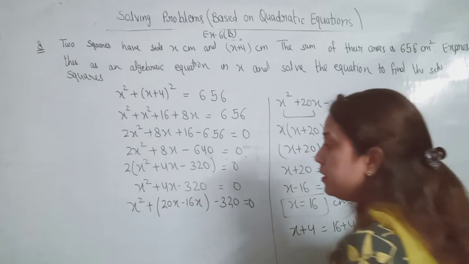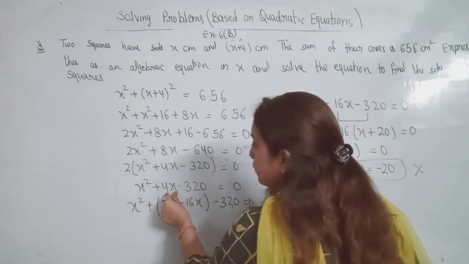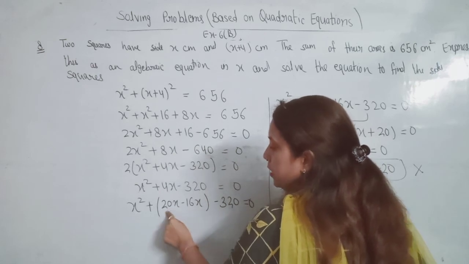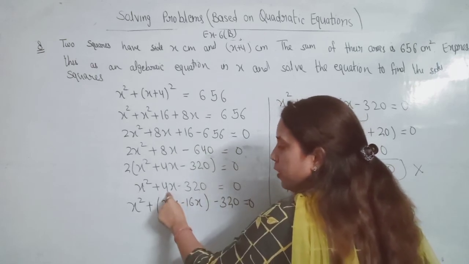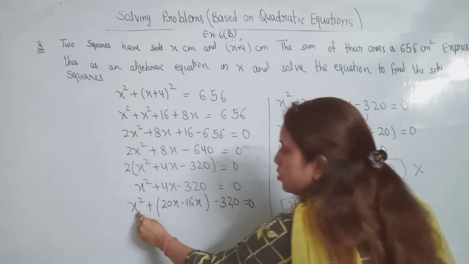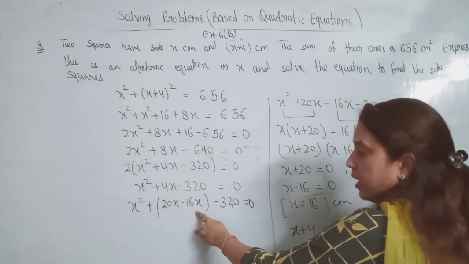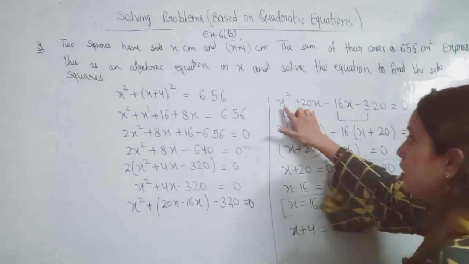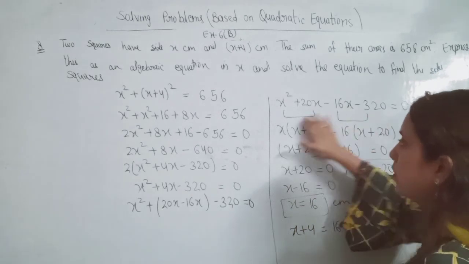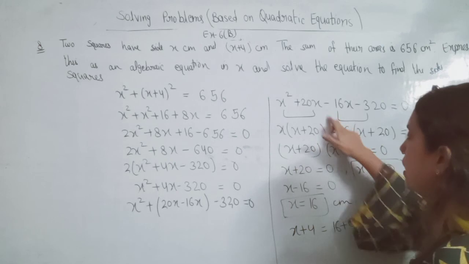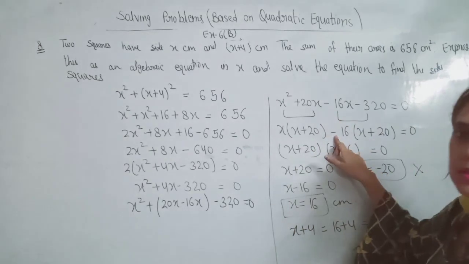Now we do the middle term splitting method. We split 4x into 20x minus 16x. 20x minus 16x will be 4x and 20 into 16 will be 320. So x square plus 20x minus 16x minus 320 is equal to 0. After that we will make the pairs and take the common. The first pair common is x plus 20, and the second pair common is minus 16.